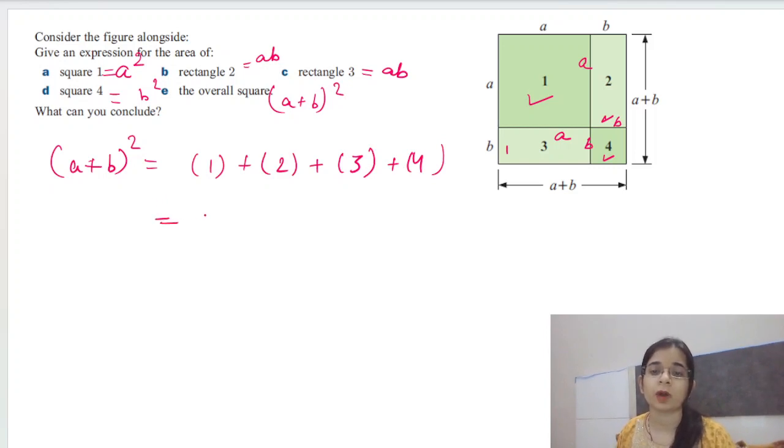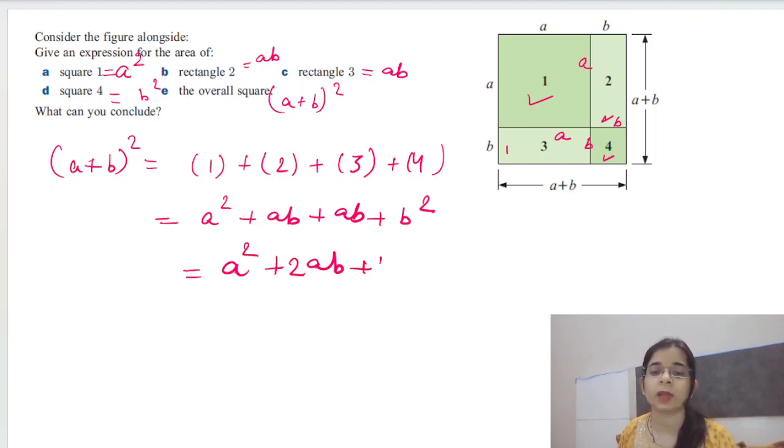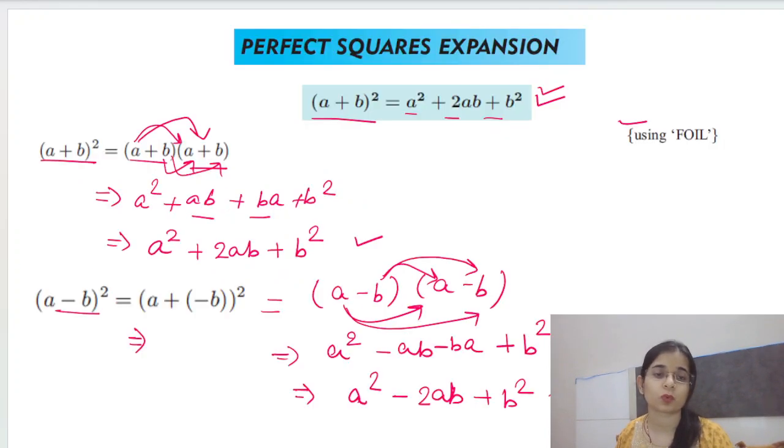So area of first square is a square, second is ab, third is ab, fourth will be b square. A square plus 2ab plus b square. This is the geometrical representation of the perfect square expansion.